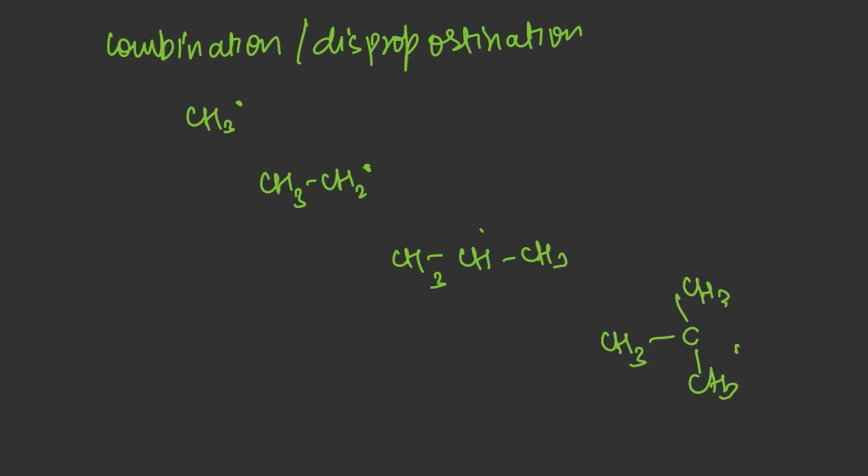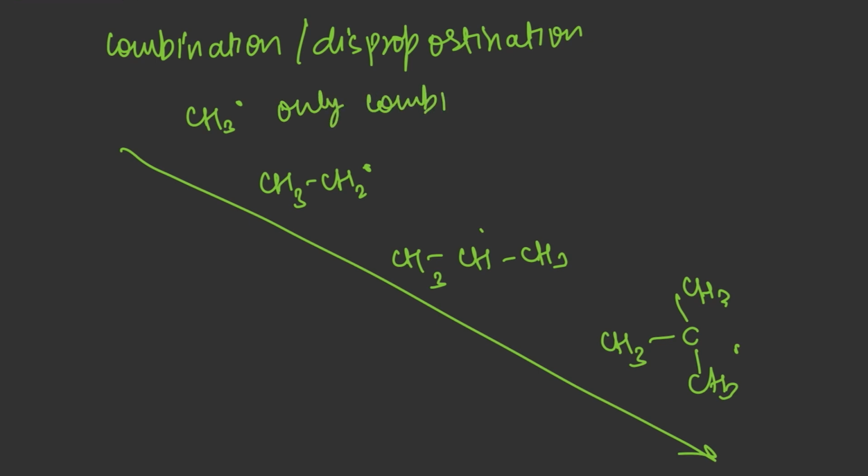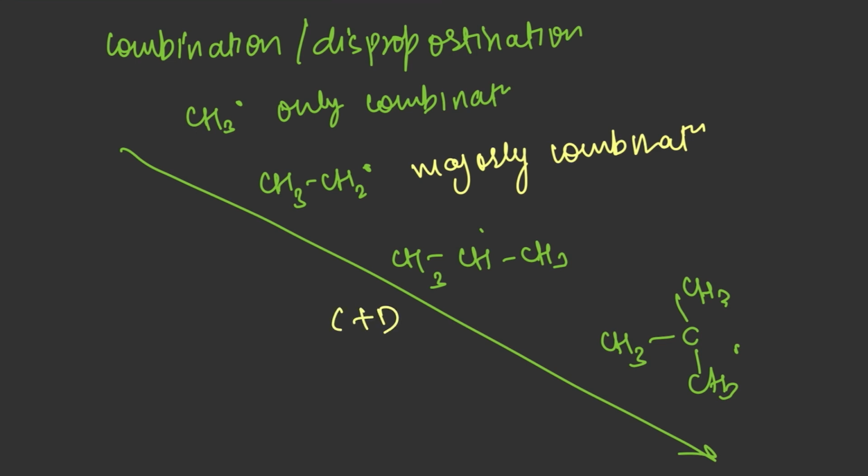When we go from top to bottom, first CH3 only shows combination, and CH3 CH2 majorly combination, and the 2 degree shows combination plus disproportionation, and the 3 degree shows majorly disproportionation.